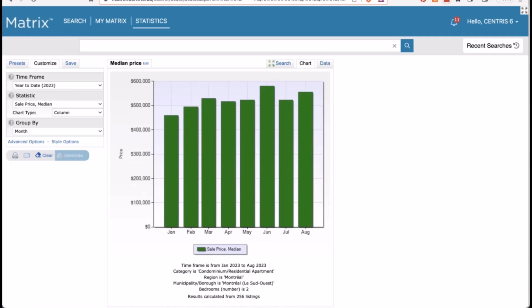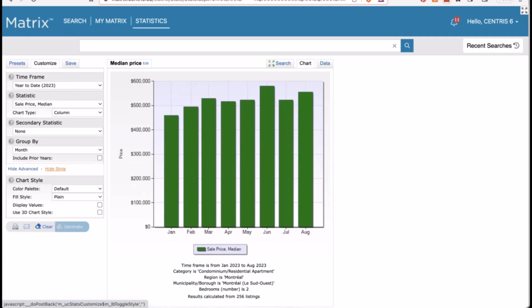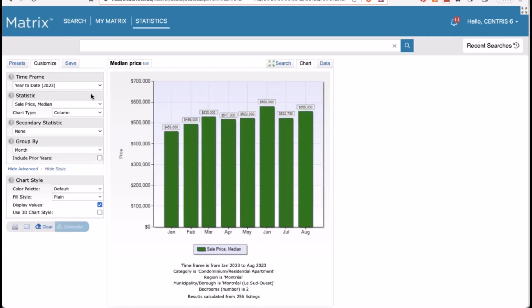Now you can go in the advanced options and the style options and display the values and click generate. So each time you change something on the left here, you have to click generate for it to appear on the graph, okay? And you can change anything you want as many times as you want.